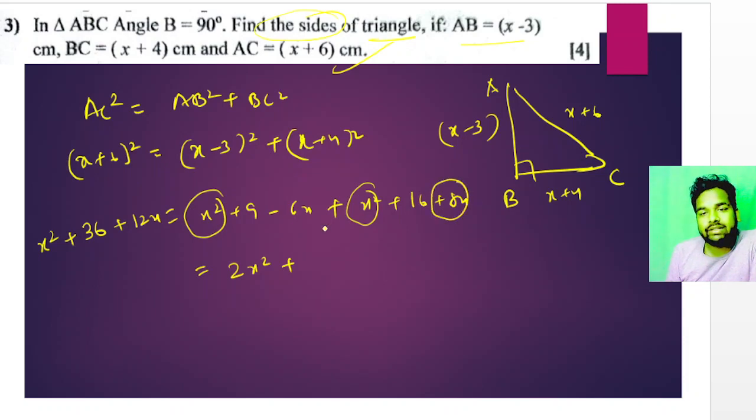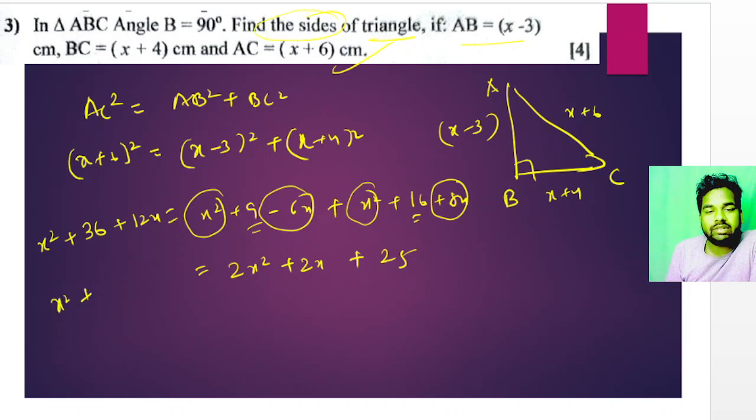Since it is 8x and minus 6x, 8x minus 6x is going to be 2x. Plus, here is 9 and here is 16, so 9 plus 16 is 25. And it is equal to x square plus 36 plus 12x.